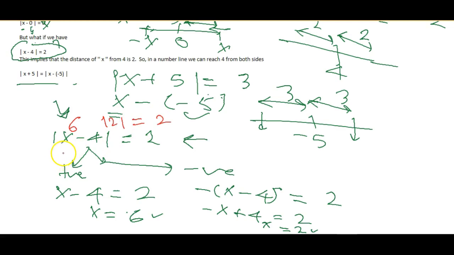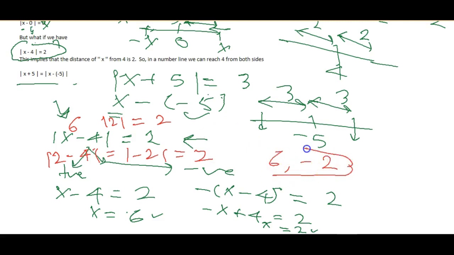If I put the second value, 2, then mod of 2 minus 4 is equal to modulus of minus 2, and that is equal to 2. So I can see that both values, 6 and 2, are satisfying the equation.